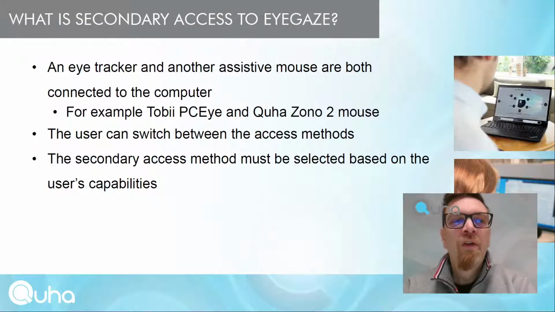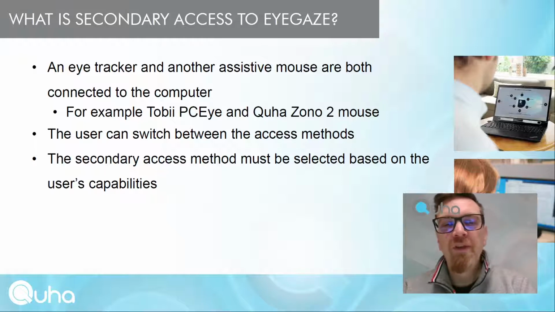So what is a secondary access to eyegaze? It means that an eye tracker and another assistive mouse are both connected to the same computer simultaneously. For example, it can be Tobii PCEye and Quha Zono 2 mouse. And then the user can switch between these two access methods.